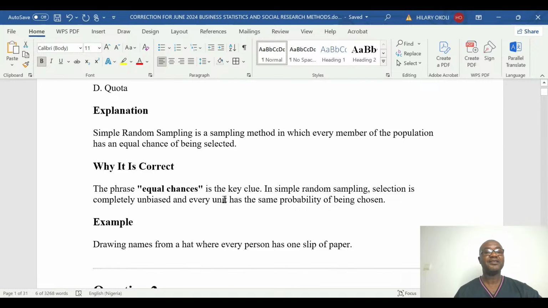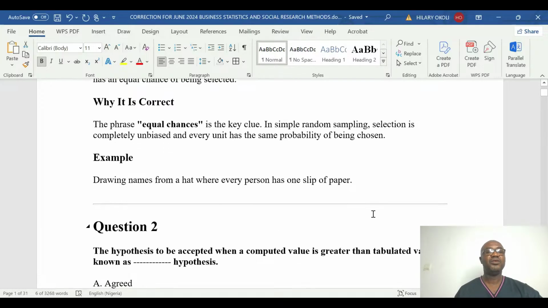So equal chance. We are looking at this question and trying to give you background knowledge to really internalize and understand it. In simple random sampling, selection is completely unbiased, because every unit has the same probability of being chosen. For example, drawing names from a hat where every person has one slip of paper.